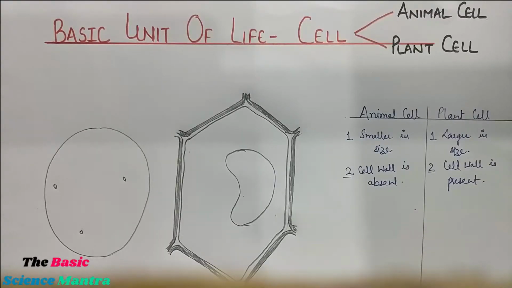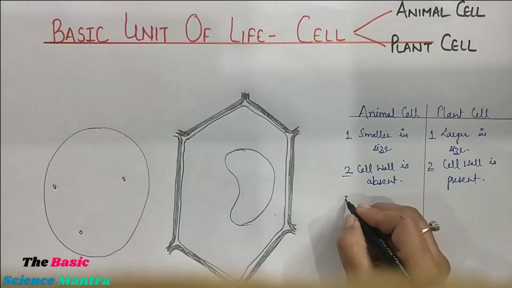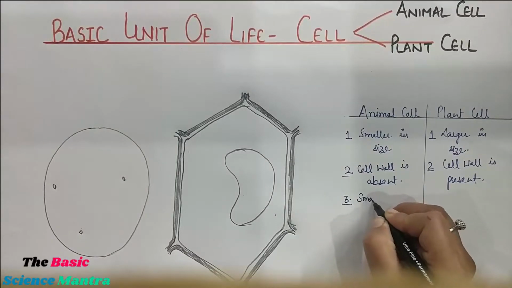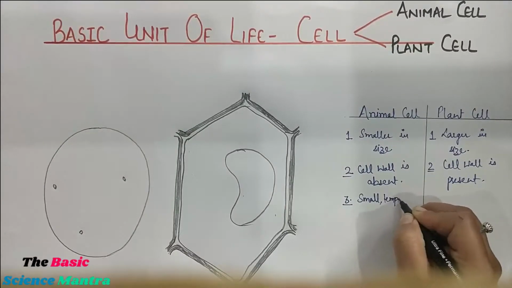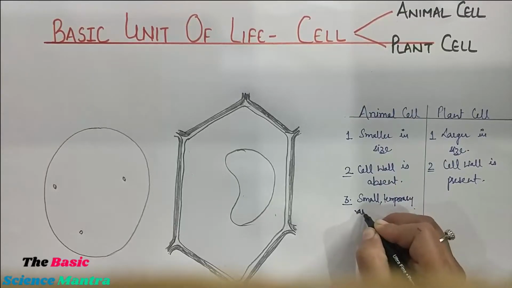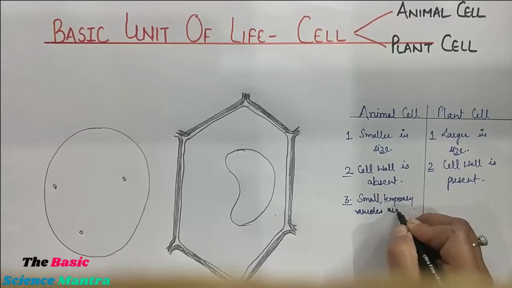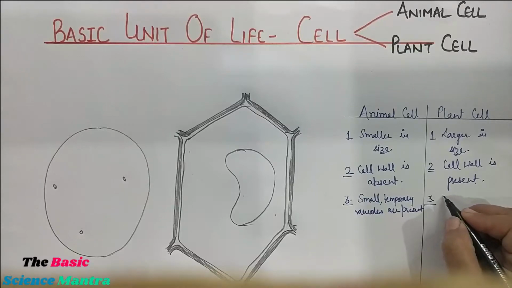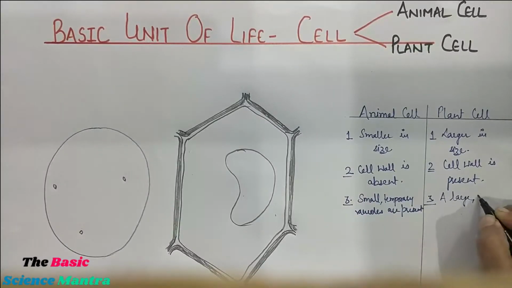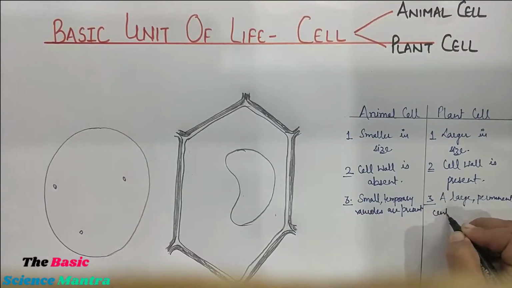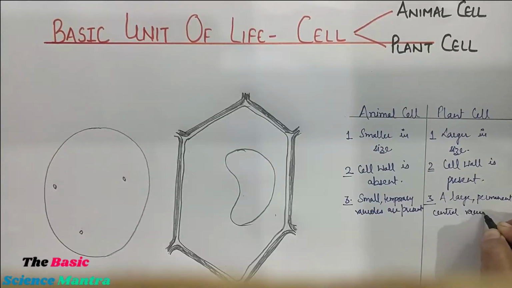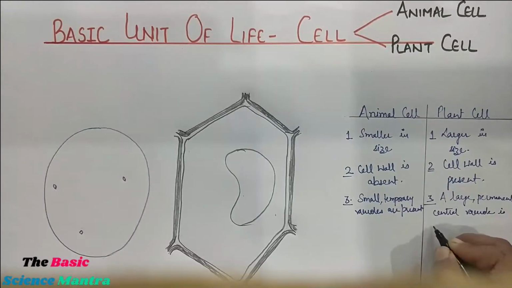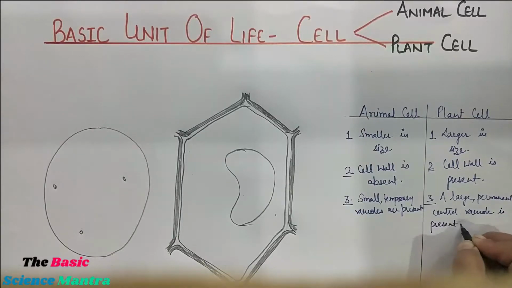So the third difference is: small temporary vacuoles are present, and in plant cell a large permanent central vacuole is present. So far we have learned three differences.